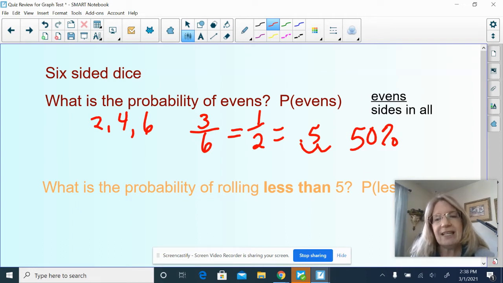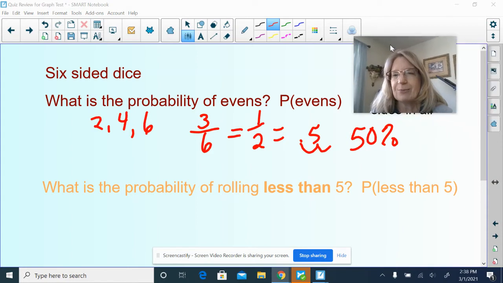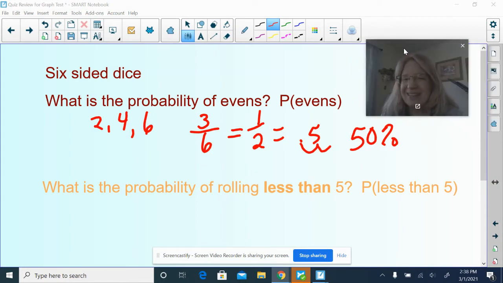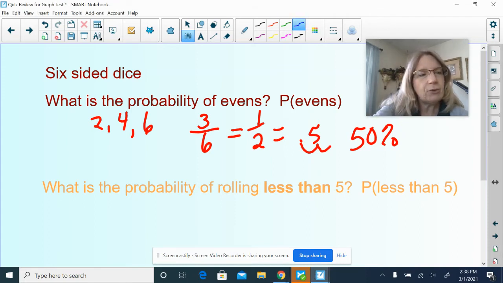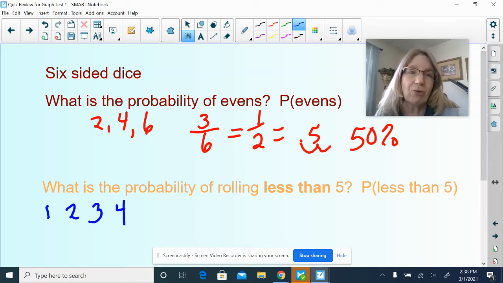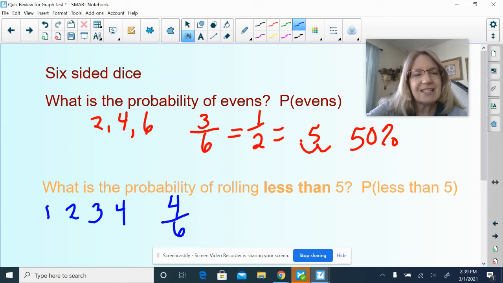Probability of rolling less than a 5, and guys, I'll try to move this if that helps. So probability of less than a 5. So hear it as, I could roll a 1, 2, 3, or 4 on a number cube. Those 4 are all less than 5. It doesn't say include 5. So you'd say, that's 4 chances out of 6.